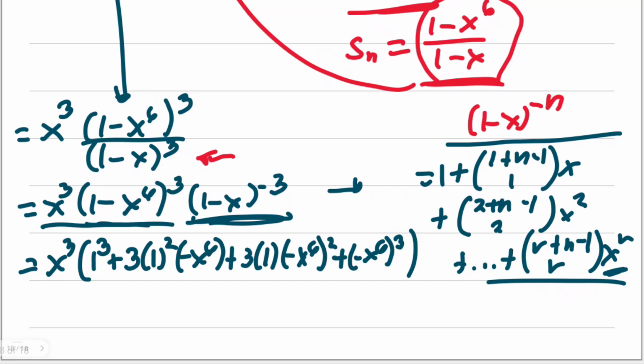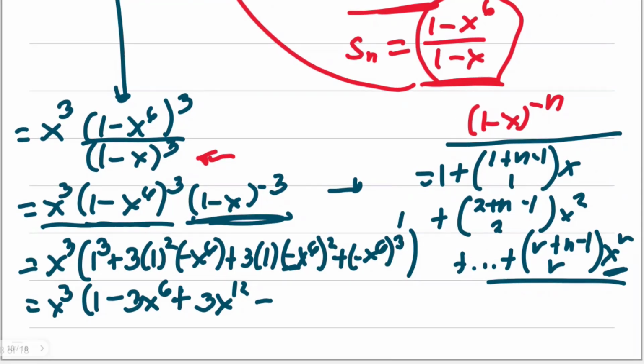Okay, that's it for its special products. You have here x cubed, and this is actually just 1 minus 3 x to the power of 6, plus 3 x to the power of 12, and you have here minus, because add the exponent, x to the power of 18.